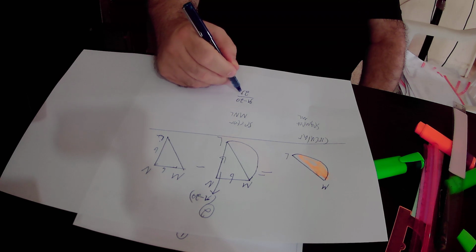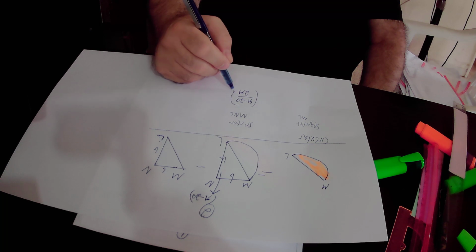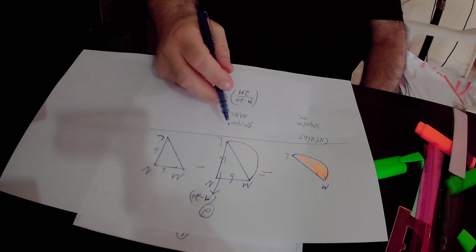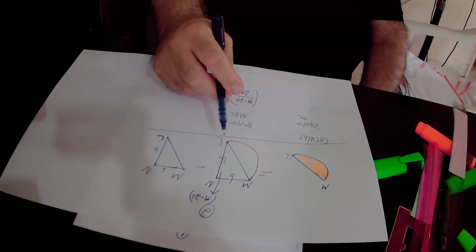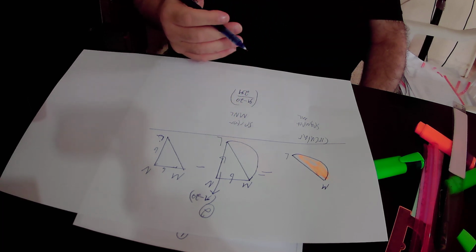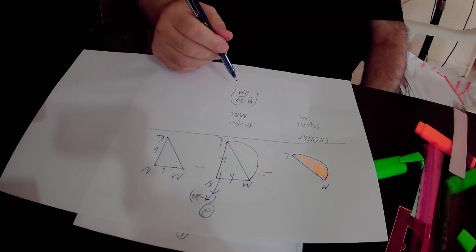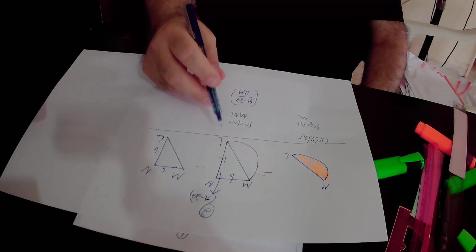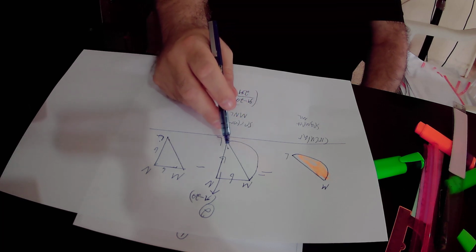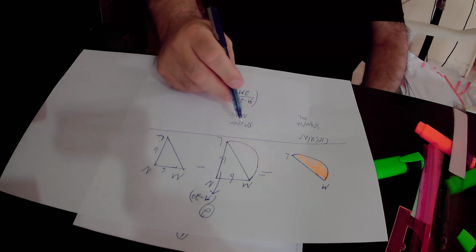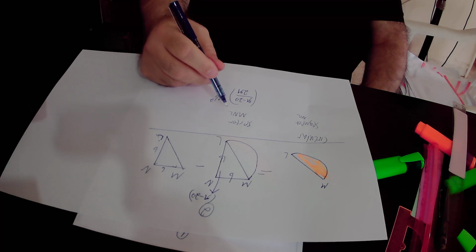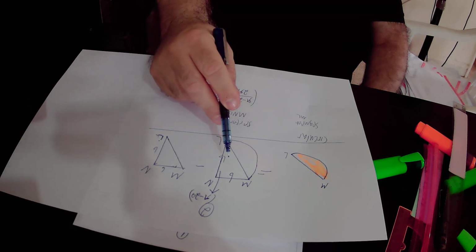Again, 2 pi radians equals 360 degrees. That ratio gives us the percentage that this sector MNL occupies out of the whole circle, and when we multiply this percentage by the area of the whole circle, that is pi r squared, and r equals b, therefore it is pi b squared, this will give us the area of this sector MNL.